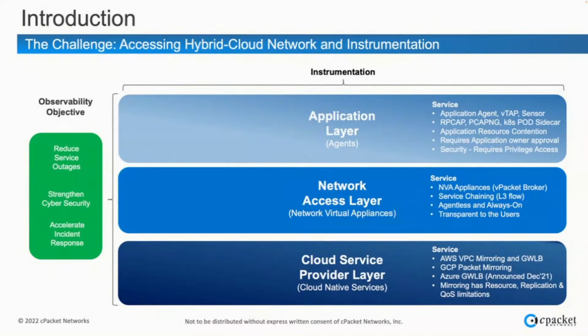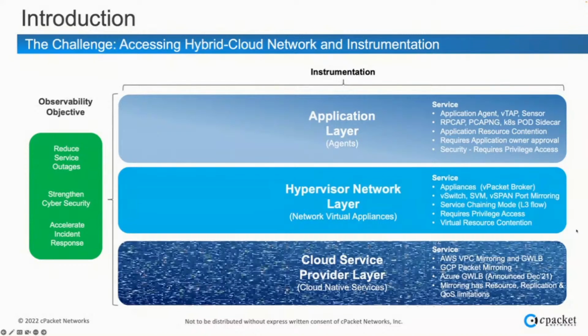Azure announced back in December, and I think it's just gone live last week, is their gateway load balancer offering. And then just a note on the mirroring. Mirroring has some limitations around how many times you can replicate off of that instance interface and things like that. So things to be aware of as we go through.